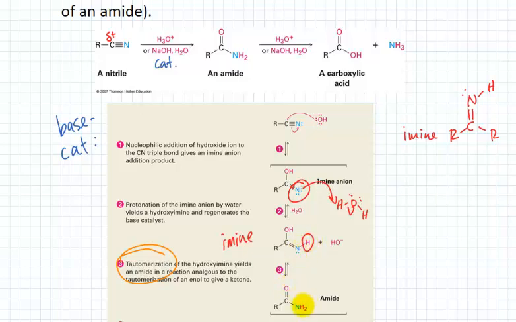This is an NH. This is now an NH2 in the amide. We went from single bond, double bond to double bond, single bond. The general format for tautomerization looks something like this. I'm just going to make X's there. X, X, H.